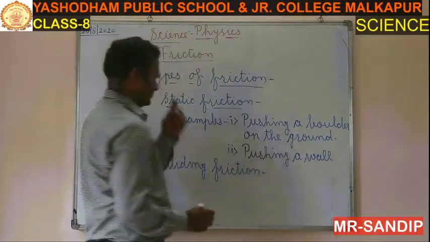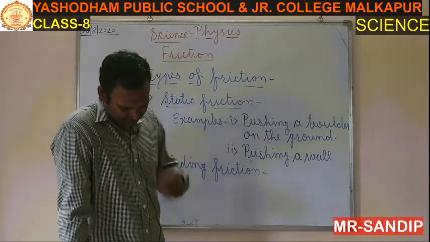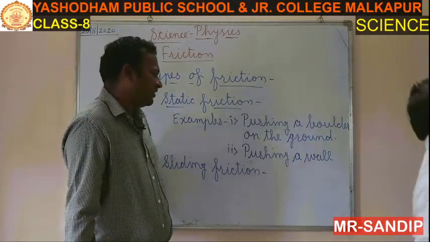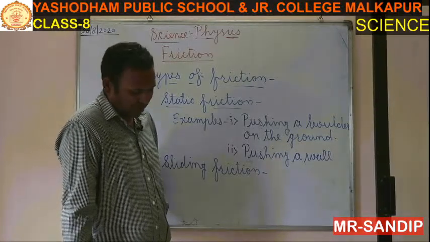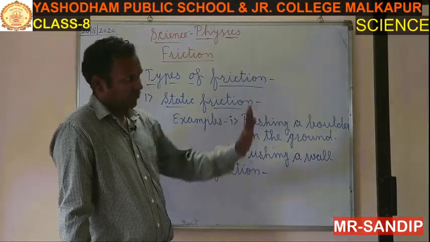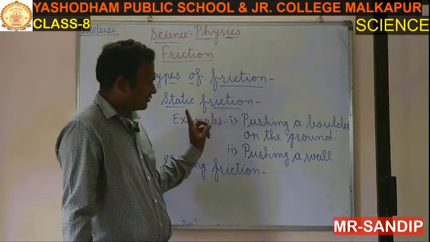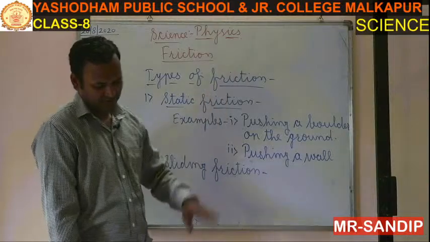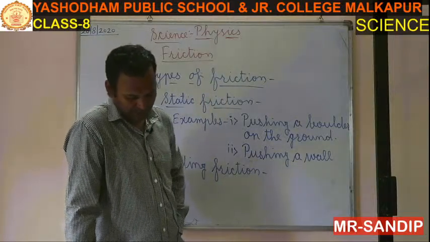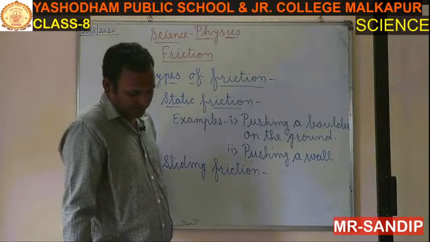Sliding friction means we are applying sufficient force on the object, then it will move. That time the static friction will not be there, it will be sliding friction, meaning that object will easily move on the other surface. Then we'll write a few examples for the sliding friction.